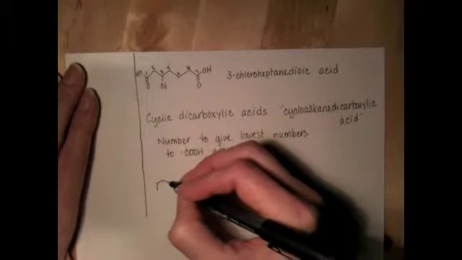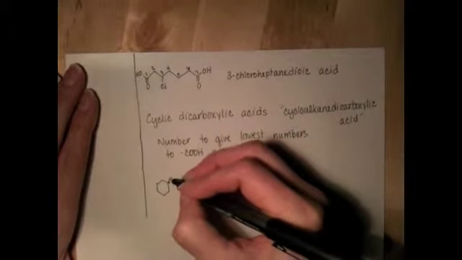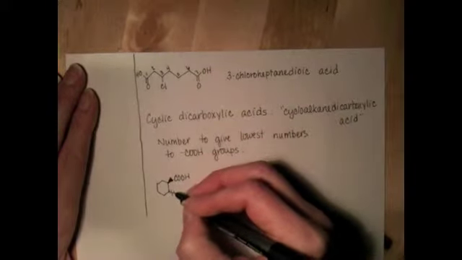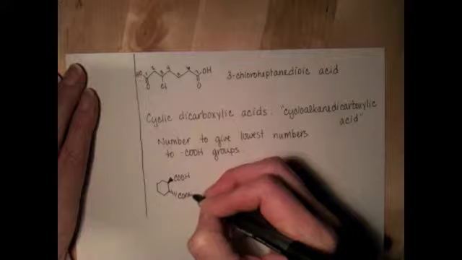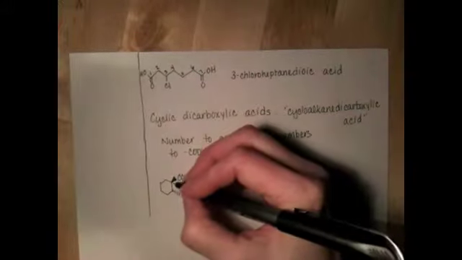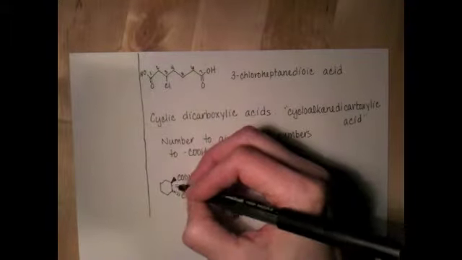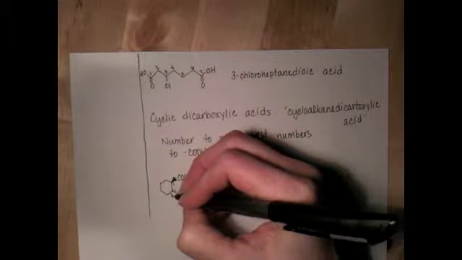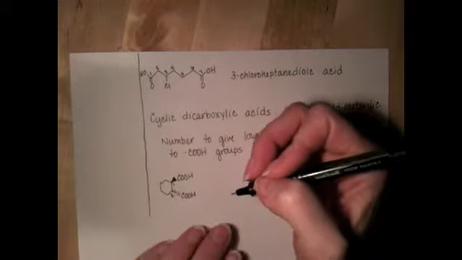So, 2 examples of this with stereochemistry. Here we have a 6-carbon cyclic, so this is a cyclohexane dicarboxylic acid. We want to choose one of the carboxyl groups to be on carbon number 1 of the ring. We're going to give the other one the lowest possible number, so it's a 1, 2.